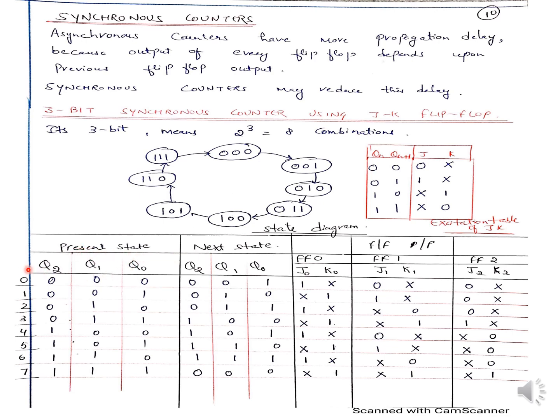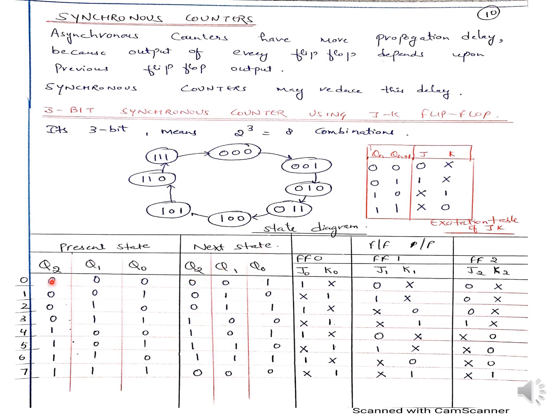Now, what will we do? What is the method? First, we will write the present state Q2, Q1, Q0. How many flip-flops are we going to use? 3 flip-flops: flip-flop number 2, flip-flop number 1, flip-flop number 0.